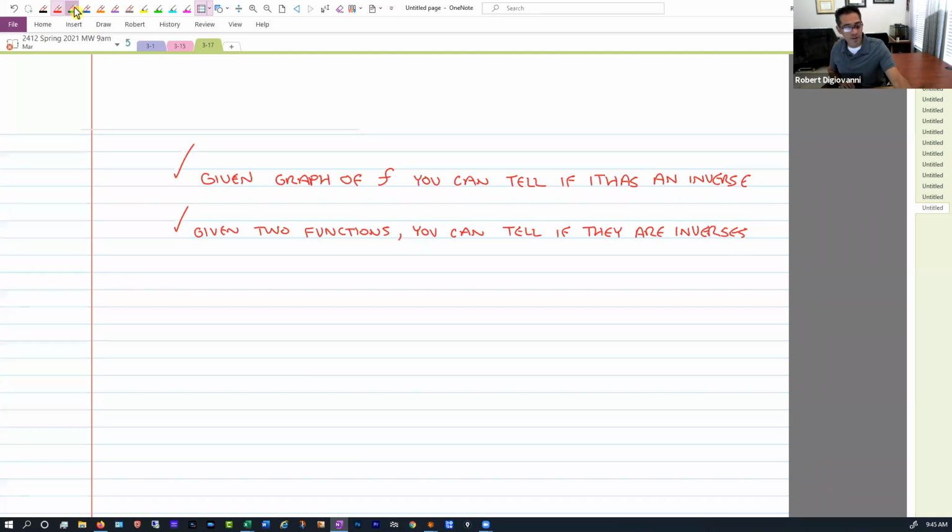But here's the real question. Given a function, can you find its inverse?